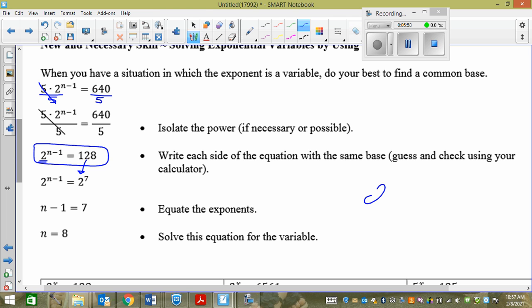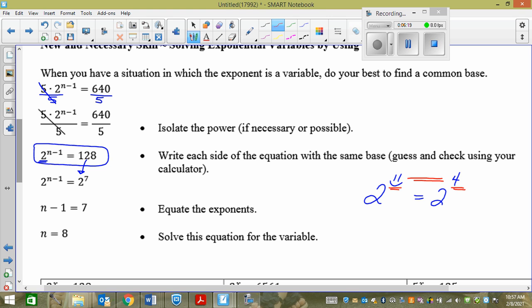Now, total side note. If I give you 2 to the smiley face equals 2 to the 4, if that's true, what can you tell me smiley face must equal? 4, right? If 2 to the smiley face equals 2 to the 4, then these would have to be equal, wouldn't they?